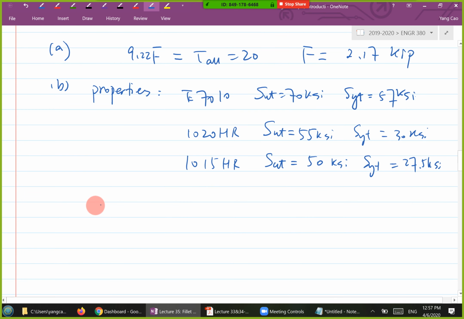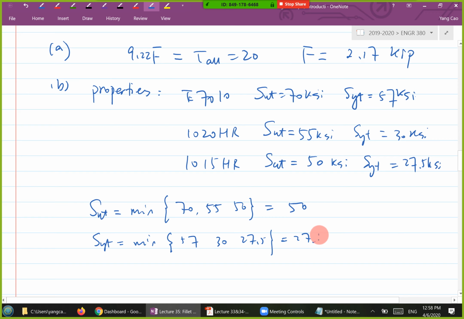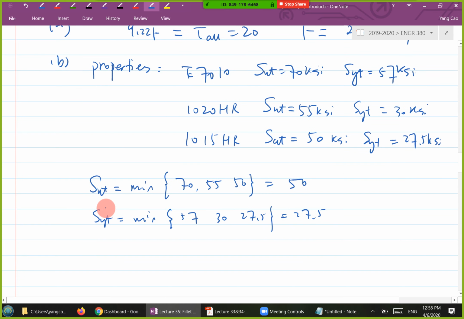So SUT is the minimum out of all three, which is 50. And SYT is the minimum out of these three, and that's 27.5. Then from the welding code, your allowable one is the minimum between 0.3 SUT and 0.4 SYT.